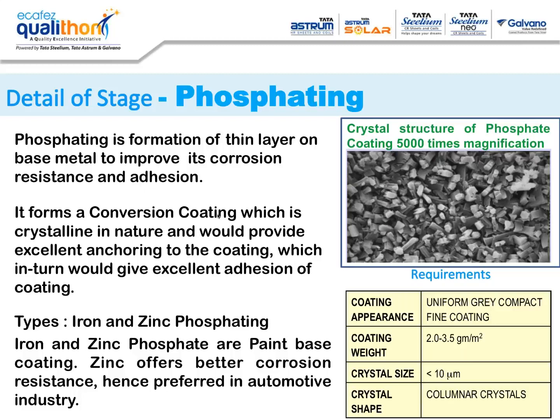Crystal size is usually 10 microns, but these are needle shaped or columnar crystals. So normally they will fall down, and the total thickness in DFT, if at all we want to measure, could be roughly 2 to 5.